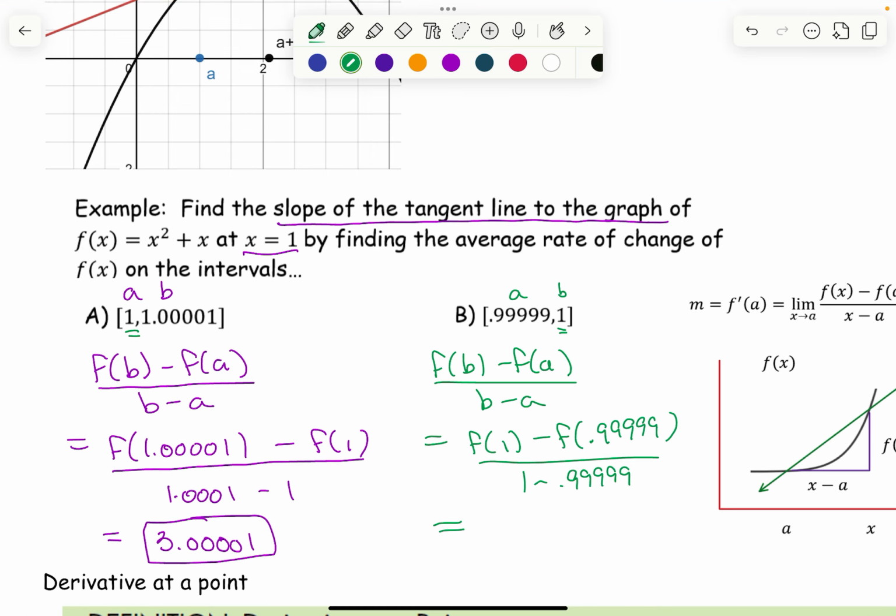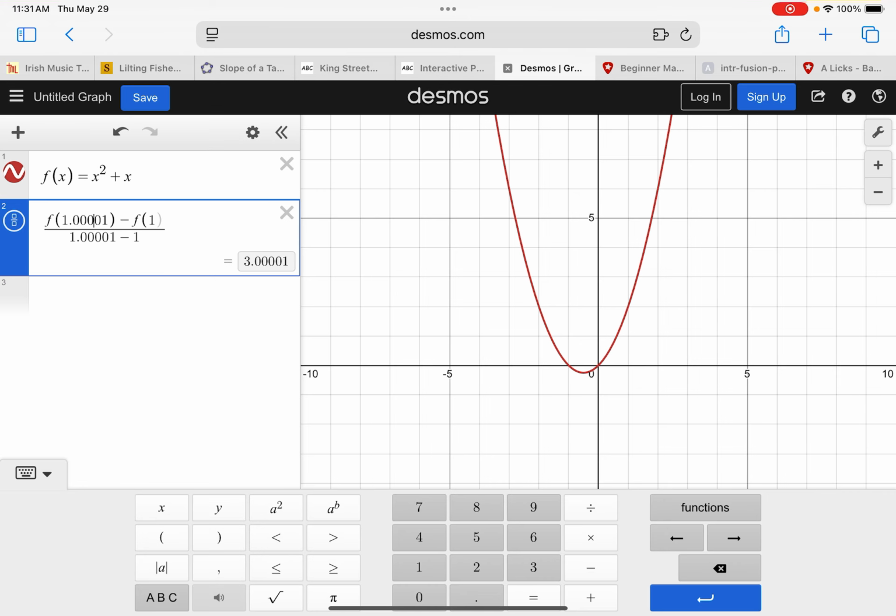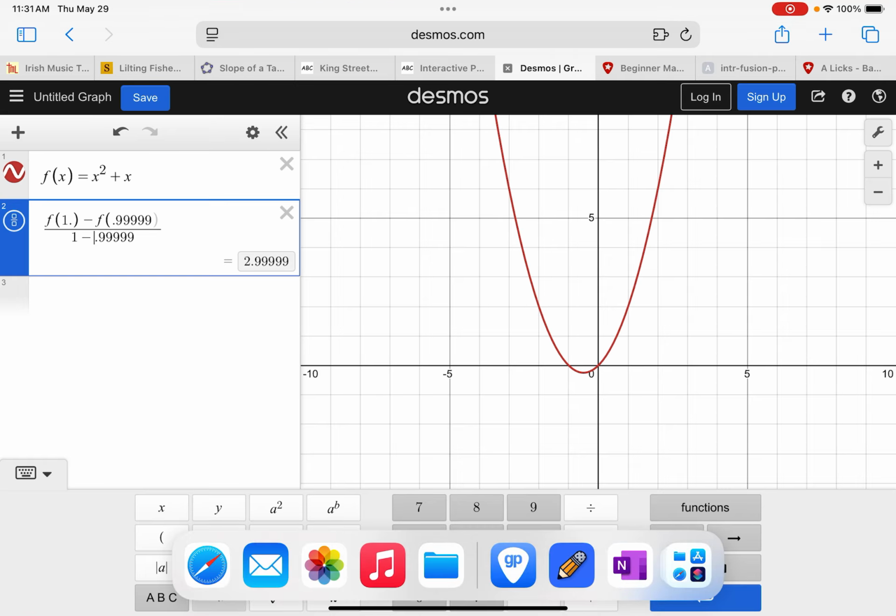Let's see what we get here. I'm just going to change this to a 1, and then the second value to 0.99999. We get 2.99999. So that's given us some pretty good evidence.